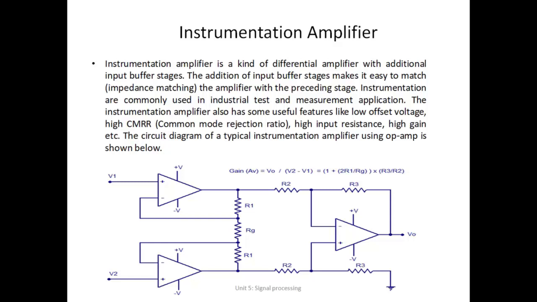These two amplifiers that you can see are called input buffer stages. They help in impedance matching of the succeeding and preceding electronic circuits, so this avoids any loading effect, and it avoids damage to any sensitive devices that might be attached to your electronic circuits. The instrumentation amplifier is the most popular amplifier that we use in biomedical instruments, and even otherwise, in industries also, the instrumentation amplifier is a very popular choice.